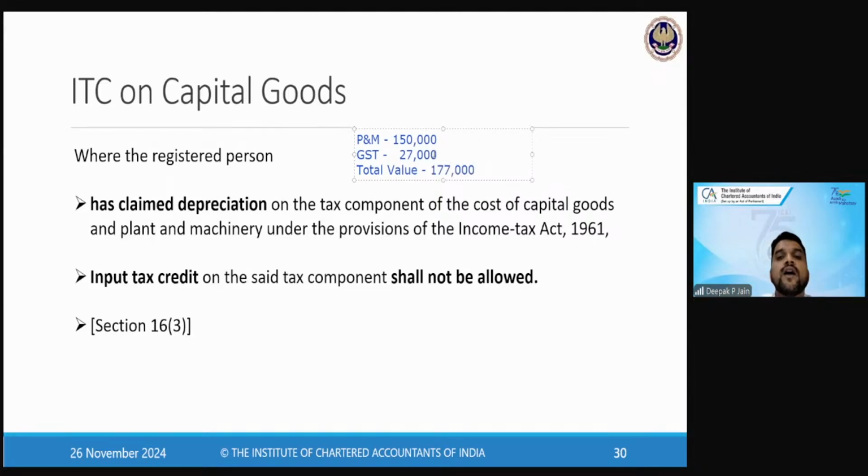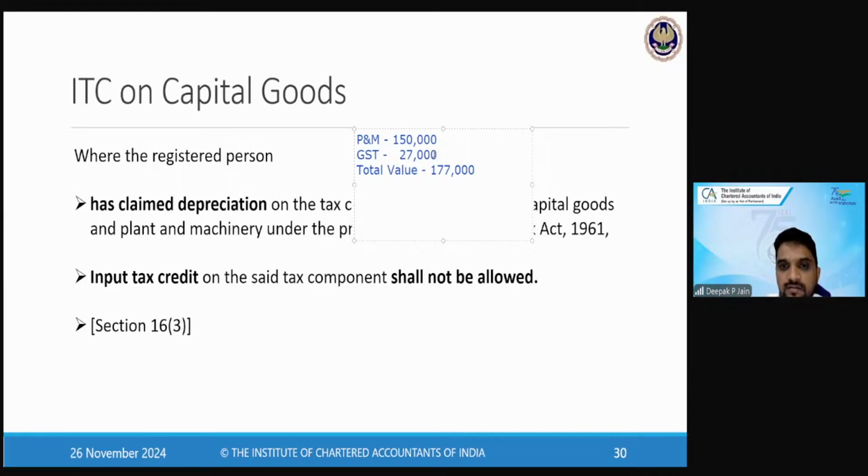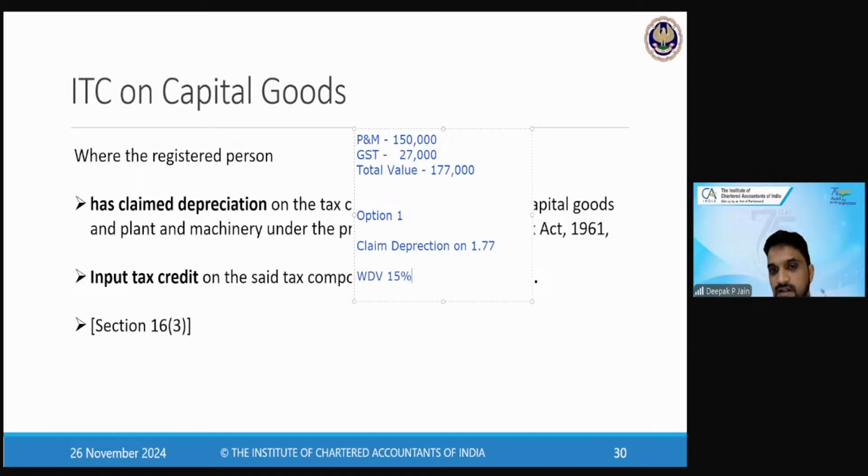Okay. Now you have two options. Option one is claim depreciation on 1.77 lakhs. Plant and machinery में कितना depreciation? It depends on the plant, generally 15%. So you will claim depreciation on WDV year on year 15%.